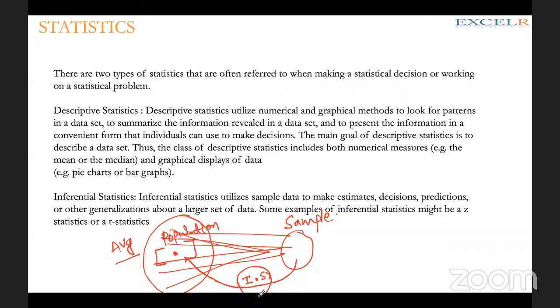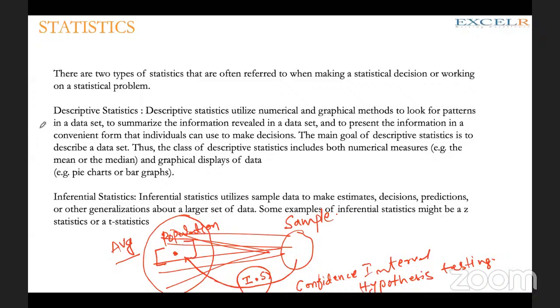So what are the examples of inferential statistics? We have confidence intervals and hypothesis testing. These are the examples of inferential statistics. This is the basic difference between descriptive statistics and inferential statistics.